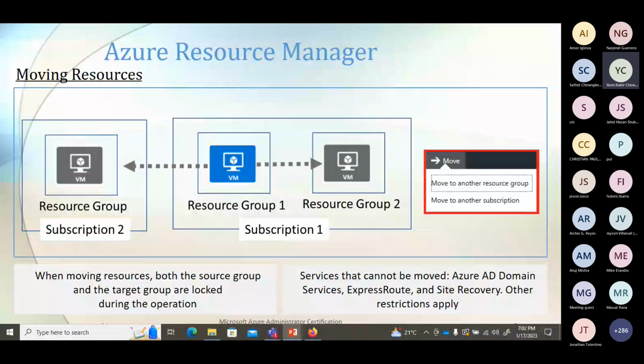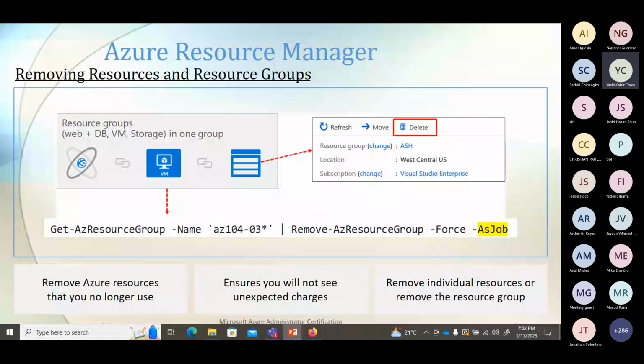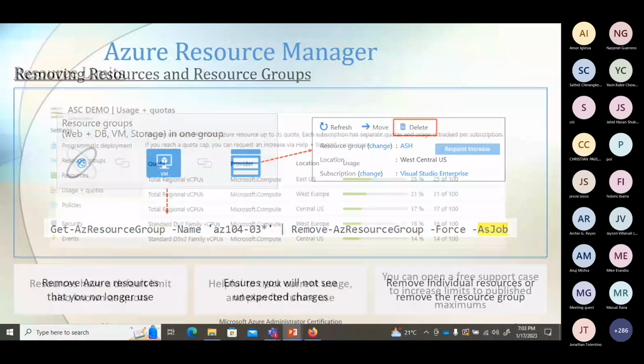You can move that VM to another resource group, the management group. No problem. Or you can move that resource to another subscription also. You can also remove a resource group and delete resources there, very easily, just in a click.